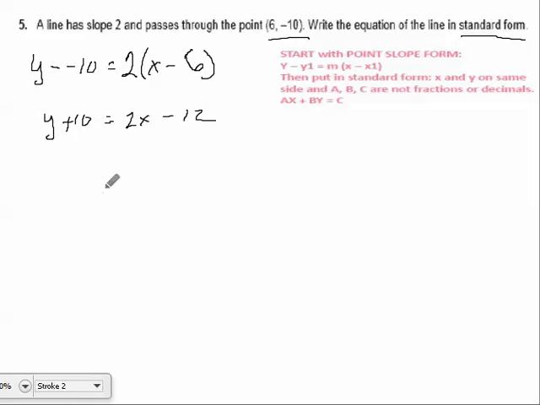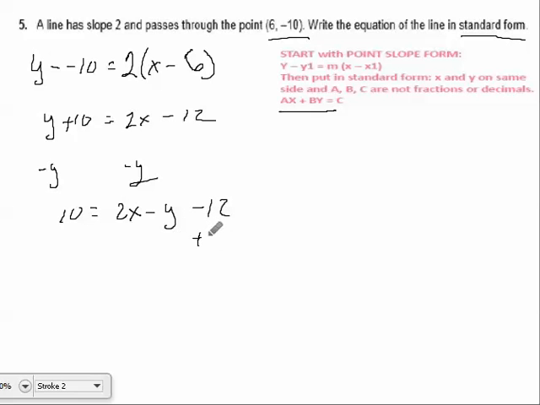Well, the way the standard form looks is ax plus by. So I'm going to subtract the y from both sides of this equation. And I'm going to get 10 is equal to 2x minus y minus 12.